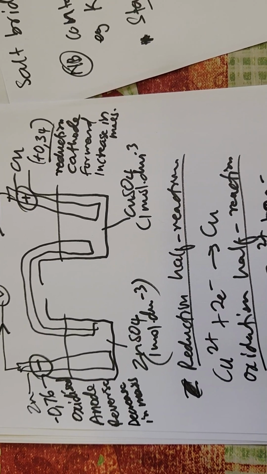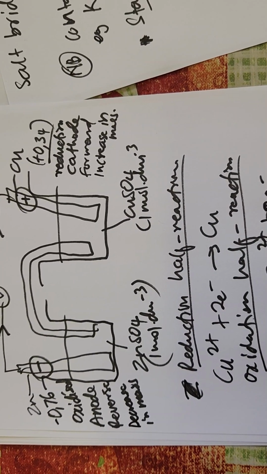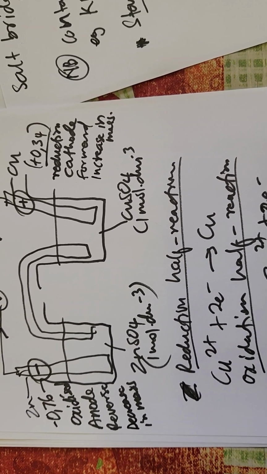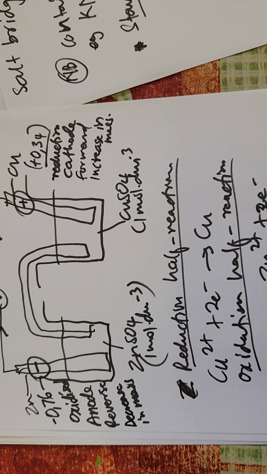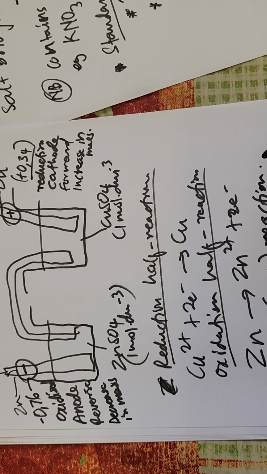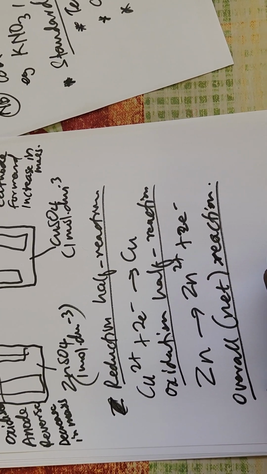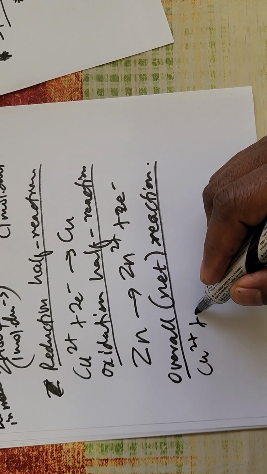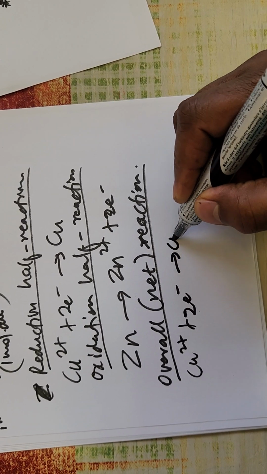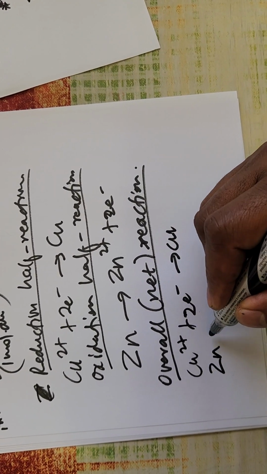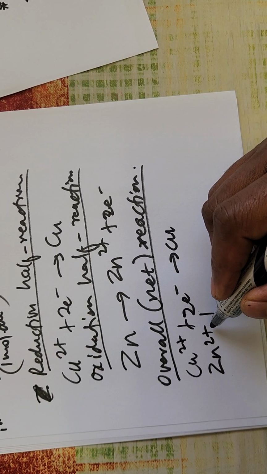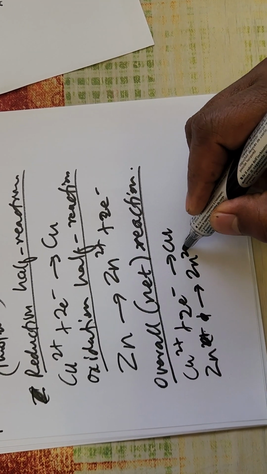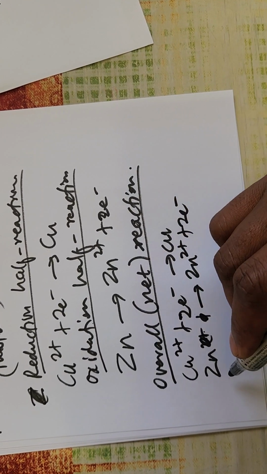Now let's also write down the overall or net reaction. In this case you balance the two using the electrons. You can copy them: copper ion plus 2 electrons forms copper, and zinc forms zinc ion plus 2 electrons.